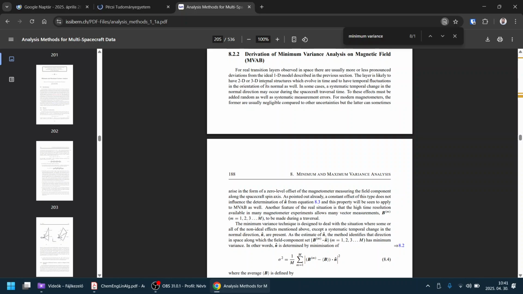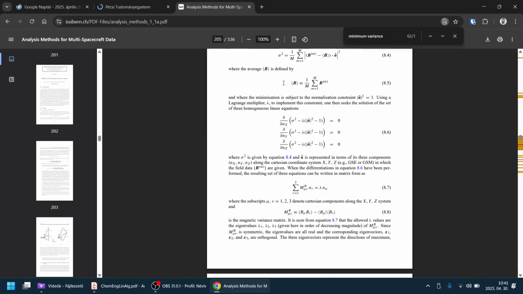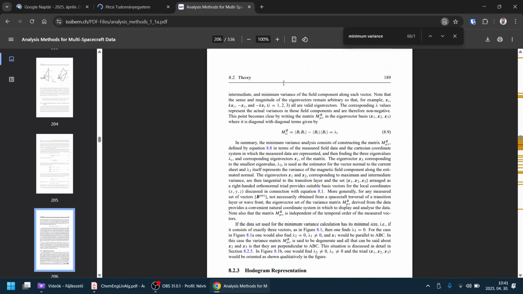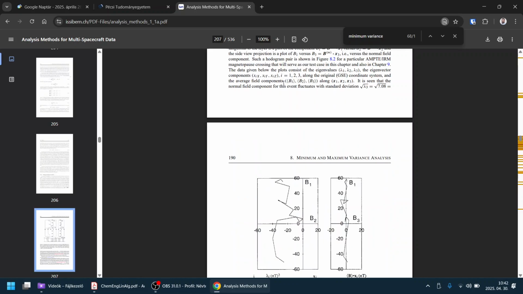Okay, this is the method, and we will not go through it. After a while, you organize the variance and a lot of things. You do an eigenvalue problem, and it's not important.